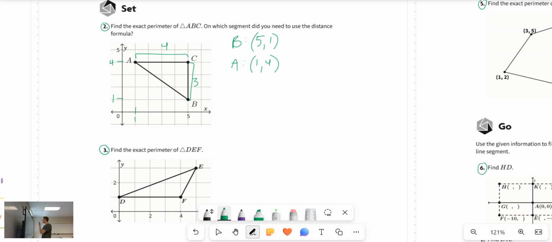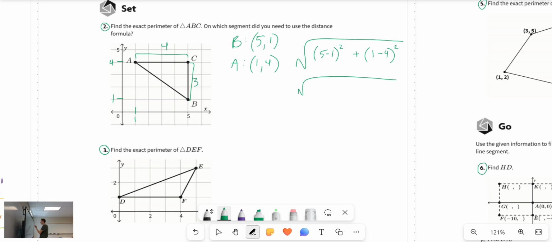So we'd have to figure out what is the distance between these two, right? We'd set up our distance formula, the square root of, we'll do the x's first, 5 minus 1 squared plus, then we do the y's, 1 minus 4 squared.